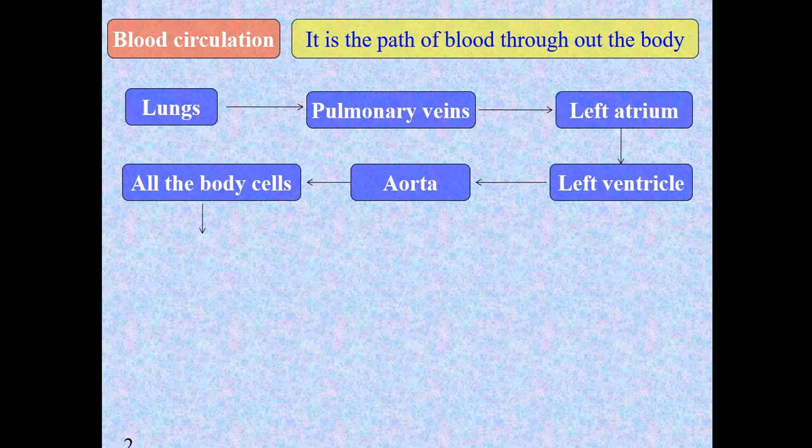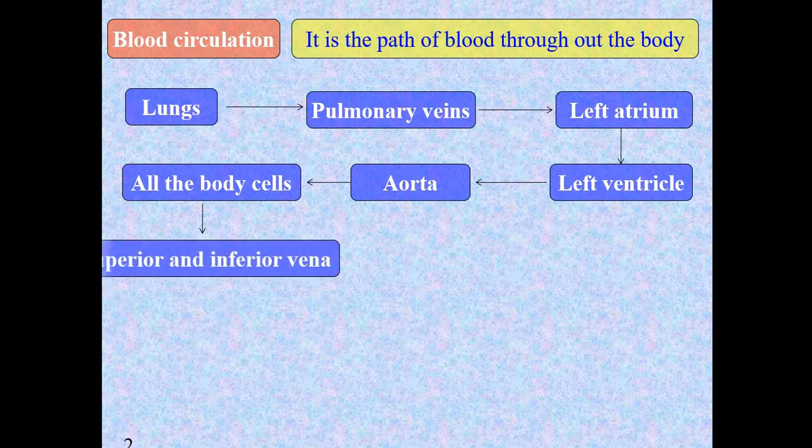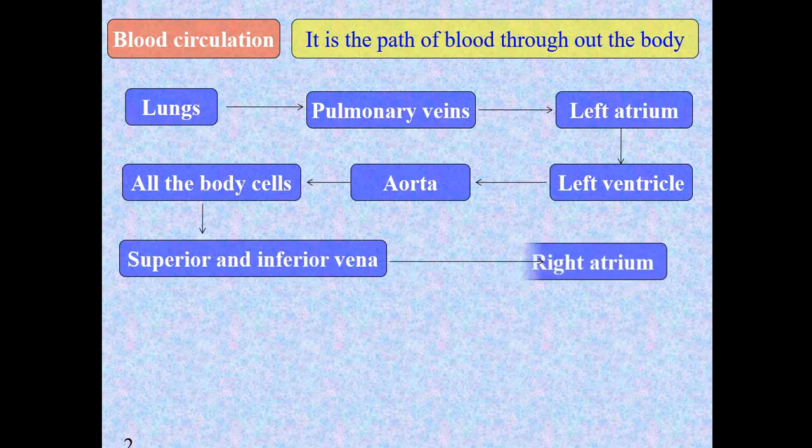Then other blood vessels will take wastes from all body cells. These blood vessels are called the superior and inferior vena cava, they are veins. They collect wastes from all body cells, and then go to the heart, entering through the right atrium, giving the right atrium blood rich with carbon dioxide.